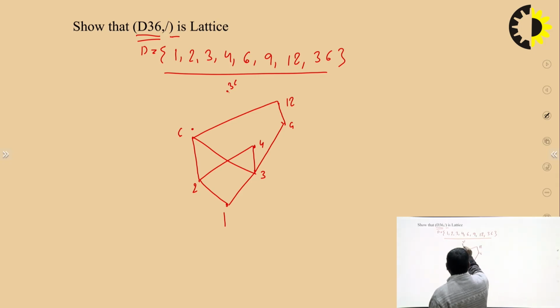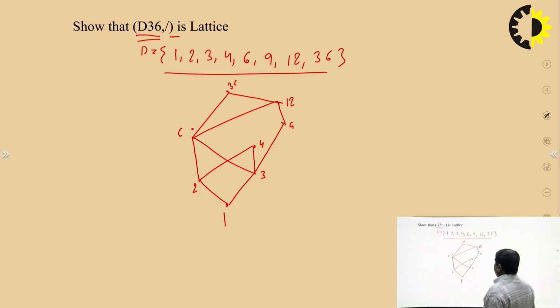Now, 36 is related to 6 and 18 and 4 also. Now, this one is the Hasse diagram of this given structure using the division operation.